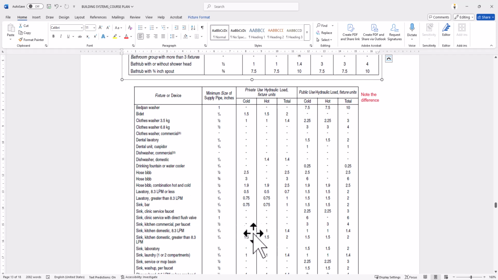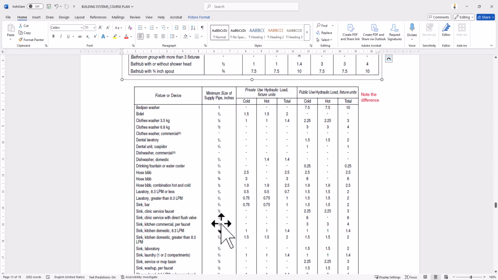It could just be a private sink if you wanted to. I just was envisioning maybe more people using it. So the sink I chose was sink commercial per faucet. So I'm just saying it's a single faucet. And so I have 3 cold, 3 hot, and 4 combined. If you envision the sink not being used by that many people, you might want to choose a 1, a 1, and 1 1/4.